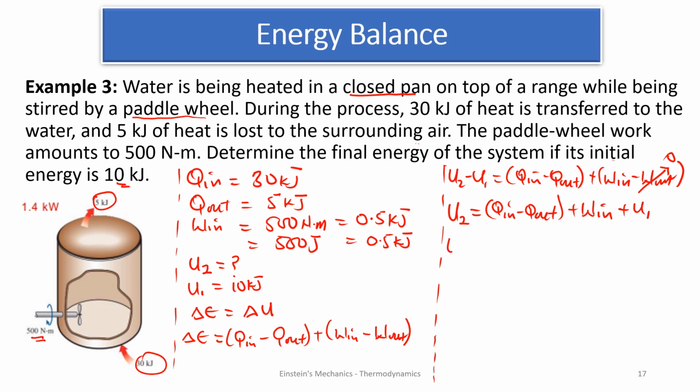And U2 will be Q in is 30, Q out 5. Because you cannot work in 500 Newton meter, you have to change it to joules, and because this is in kilojoule, you also convert it to a kilojoule. Pay attention to that. 0.5 plus our U1, which is 10 kilojoule.